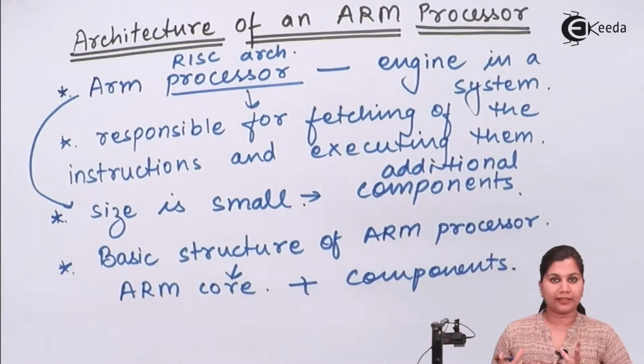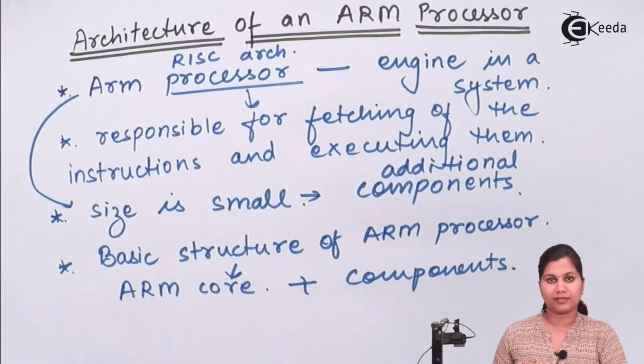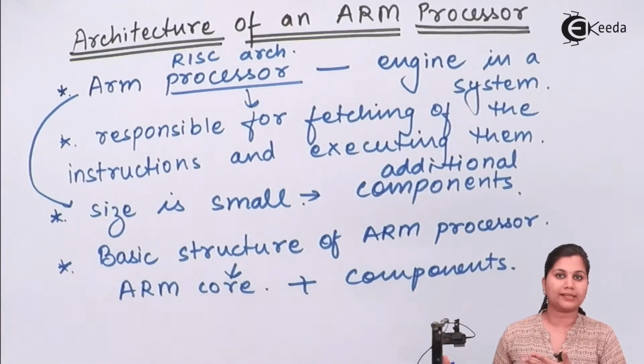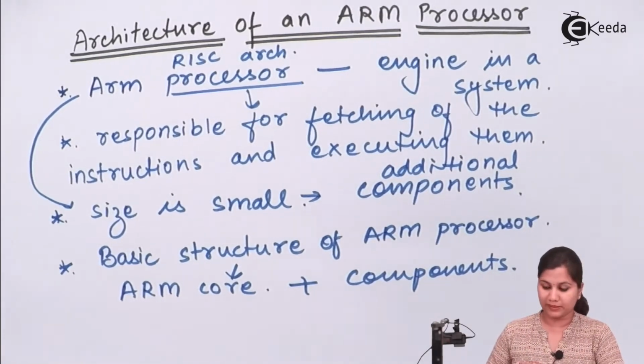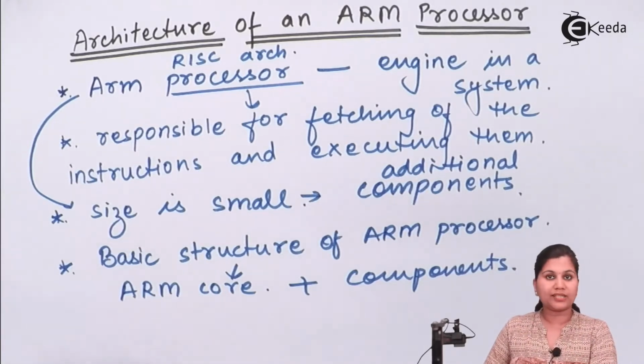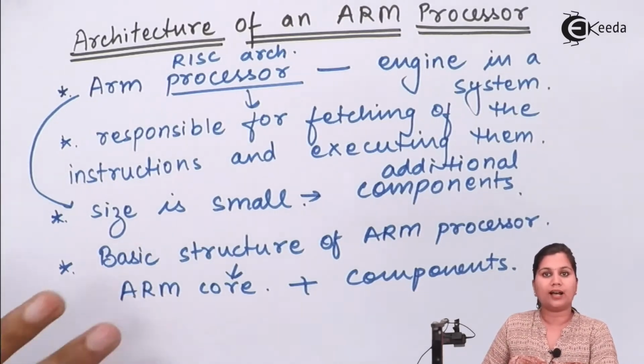If we see the architecture as a whole, it will consist of the ARM core plus some additional components present in it. And the study of this architecture is very important, because the selection of the ARM processor is based on this architecture. Okay, now let's see the diagram or the basic structure of the ARM core.